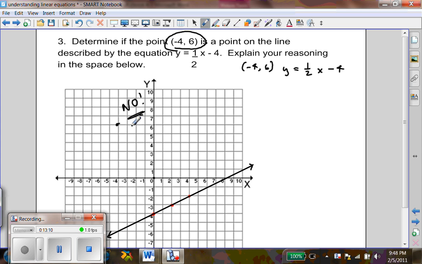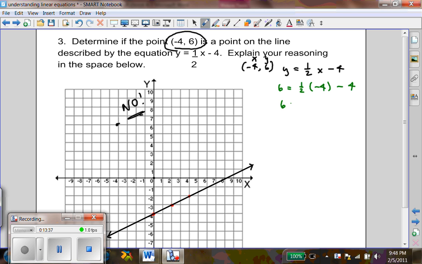Now, if we don't have the graph and we need to figure it out algebraically instead of drawing ourselves a graph and going through all that rigmarole, then we're going to plug and chug. So let's plug in. X is -4, y is 6. So I'm going to plug those in. 6 for y. I have 1/2 times -4 and then minus 4.